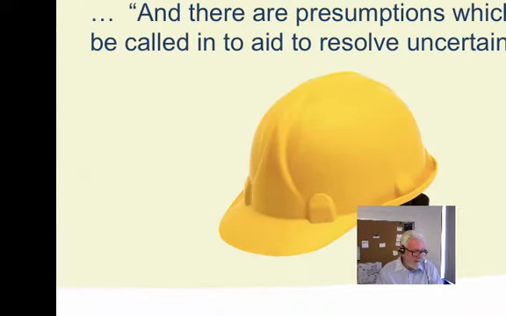Chief Justice Gleeson said in the case of Wilson and Anderson that there are presumptions which may be called into aid to resolve uncertainty. And I've put the helmet up there to remind us, again, just part of the toolbox, part of the kit of things that judges can use. So that's how you should look at statutory presumptions, part of the tools available in the judge's toolkit.